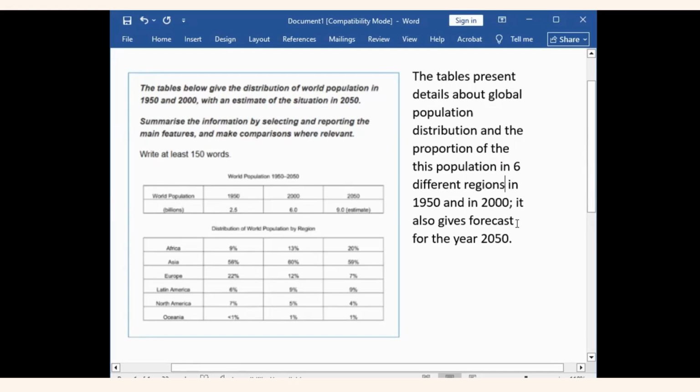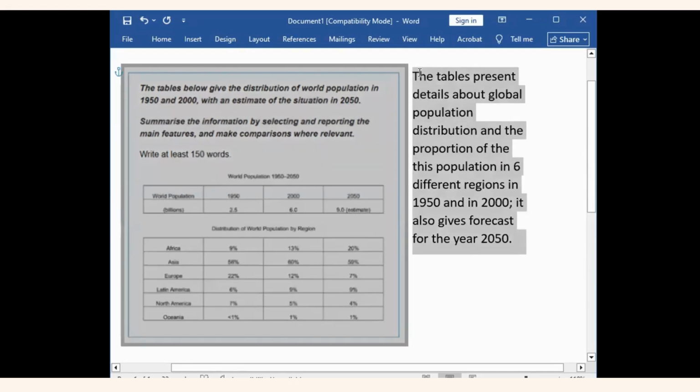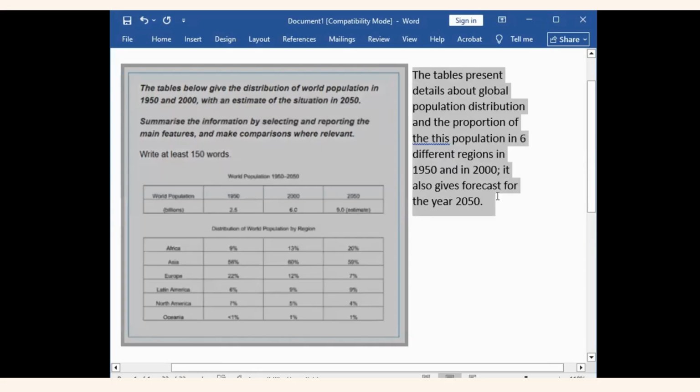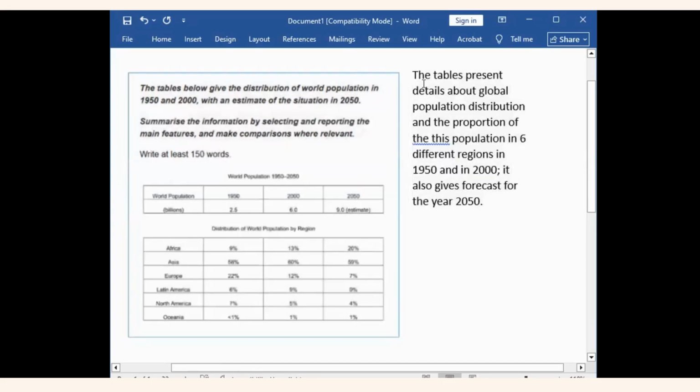So let's read it again to be sure that it makes sense. It conveys sensible information. The tables present details about global population distribution and the proportion of this, so remove THE, and the proportion of this population. I need to remove this distribution here. About global population, so I'm going to put another word here.